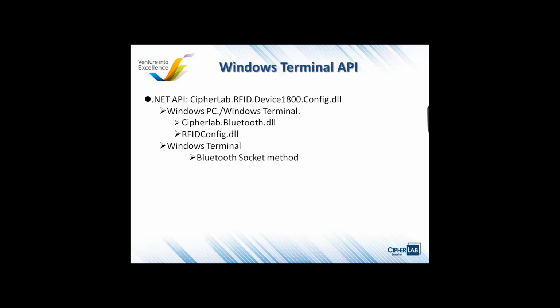And we also provide a .NET API so that they can easily integrate the 1800 in their software. And we have a ready-made Bluetooth API. You just need a few functions in your application so that the 1800 can be connected with your mobile device through Bluetooth.